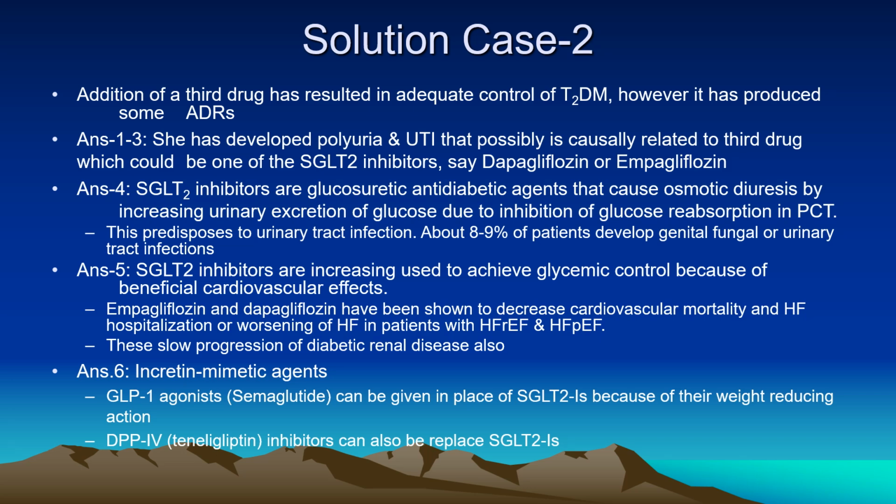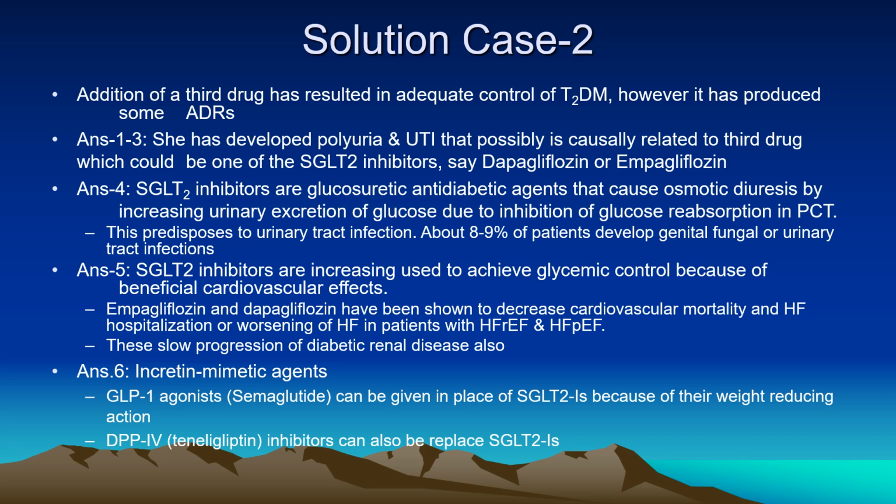Now, SGLT2 inhibitors act mainly by excreting more of the glucose, so there is an osmotic diuresis, and increased glucose concentration in the urine predisposes to infection. And these infections are genital and fungal urinary tract infections.